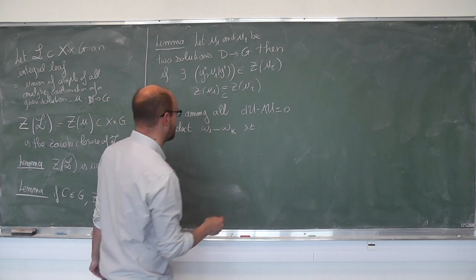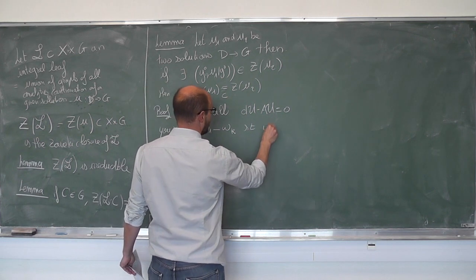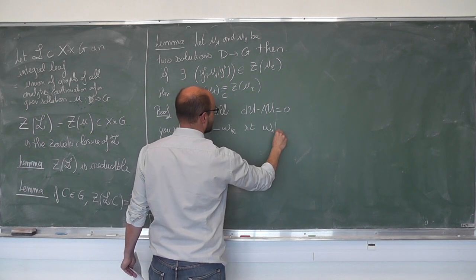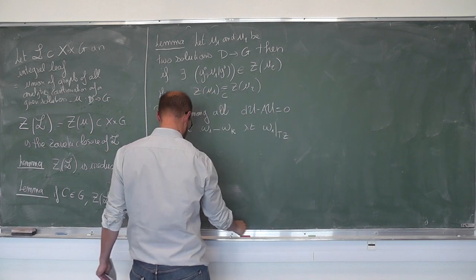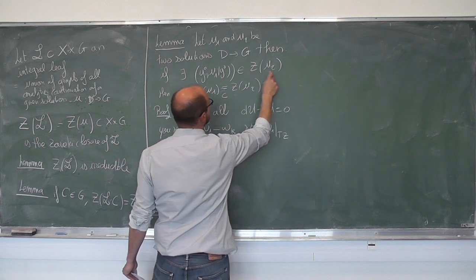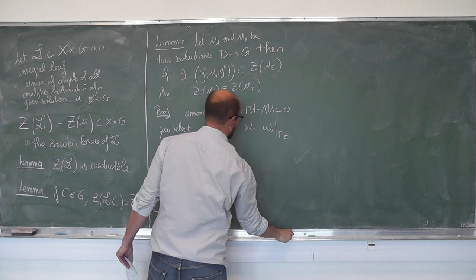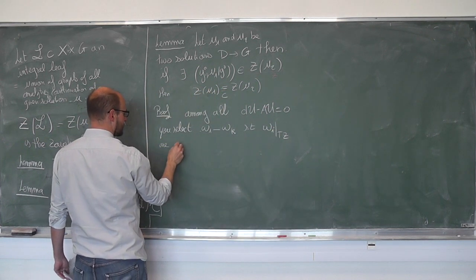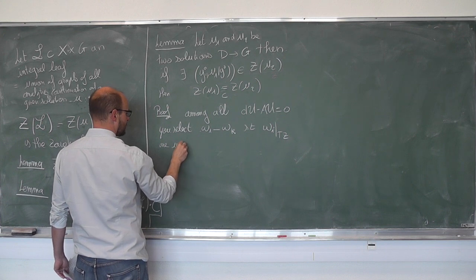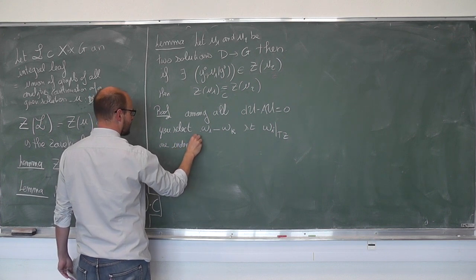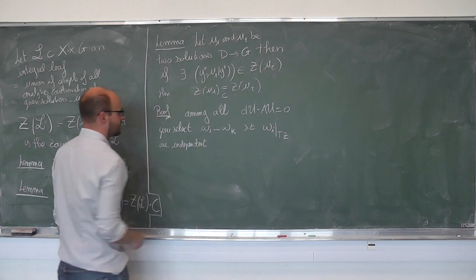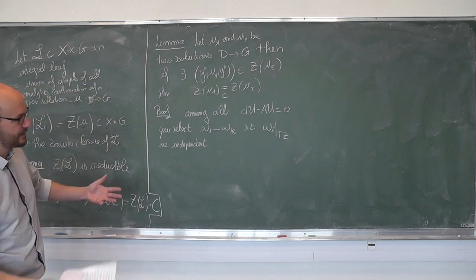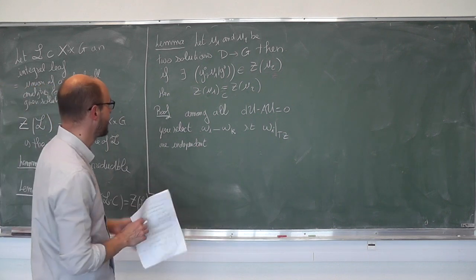So such that omega 1 to omega k restricted to the tangent of Z, so I will call Z this one, are linearly independent. You can do it on a Zariski open subset.